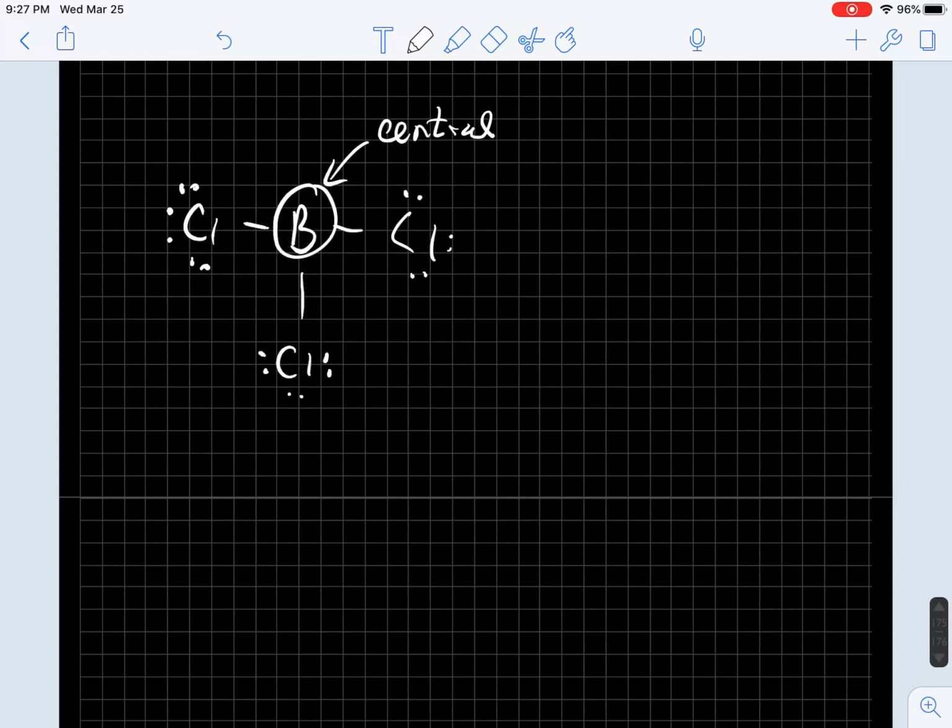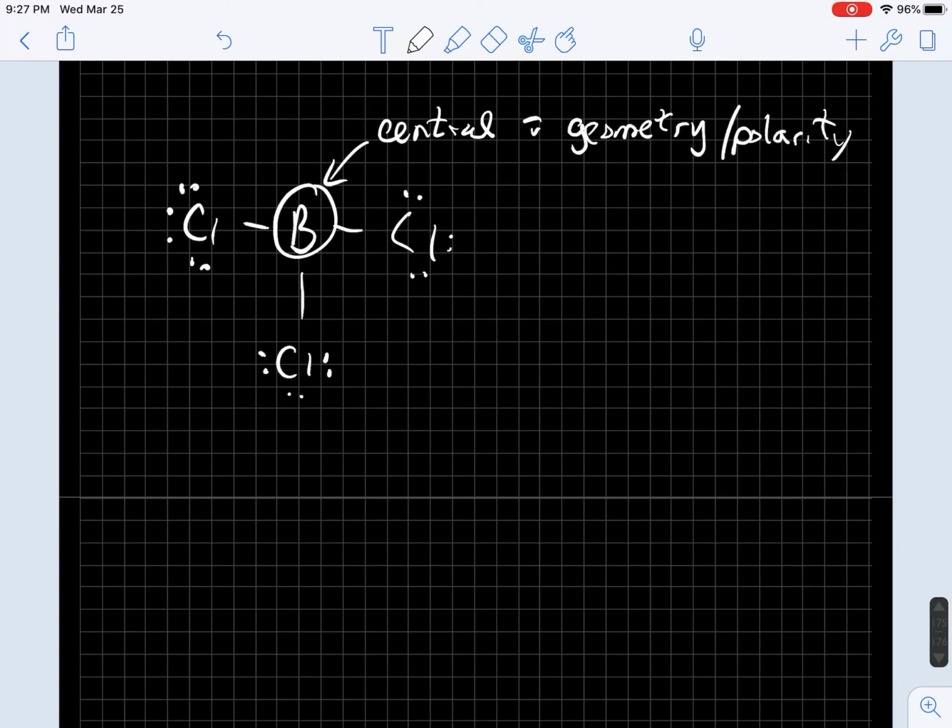Now, in the last one we did boron trichloride, drawing our little unshared electron pairs here. So you focus on the central atom. It's the central atom that determines the geometry of the molecule, and it also determines the polarity of the molecule.